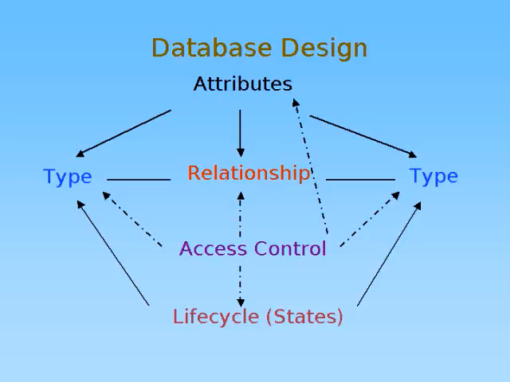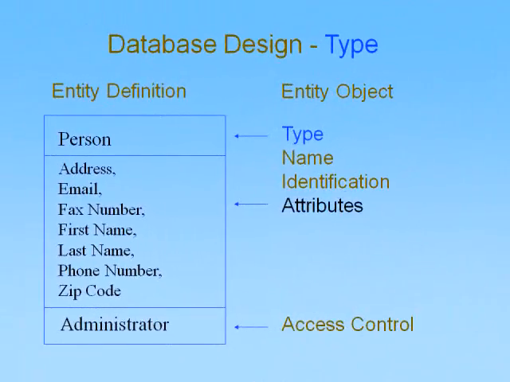User access to entity objects at different states and to the relationship objects is limited by the access control in the definitions of type, relationship, and state of life cycles.